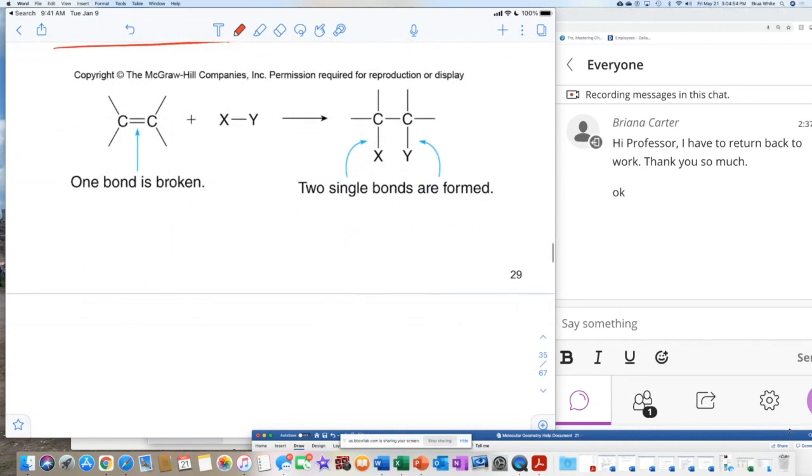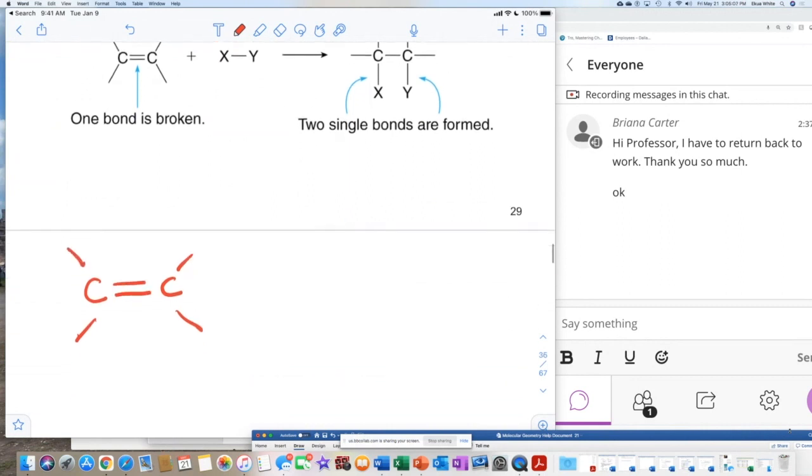Let me illustrate that. We start off with the carbon-carbon double bond. This is our alkene here, with my hydrogens added. In order to add X and Y, one of the two bonds of the double bond has to break. So I'm going to break the lower one.